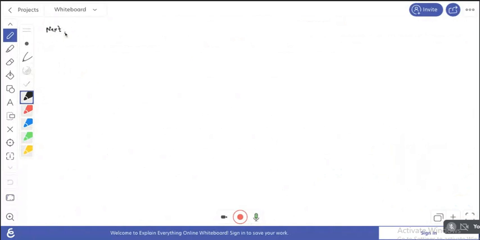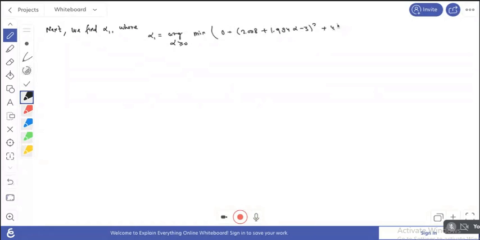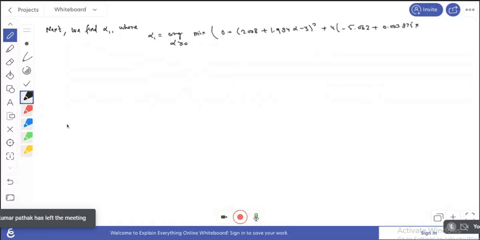So next we find alpha 1, where this alpha 1 equals the argmin over alpha, with beta equals 0, of the minimum of this function, which has the value 0.0 plus 2.008 plus 1.984 alpha minus 3 squared plus 4 minus 5.062 plus 0.003875 plus 5.